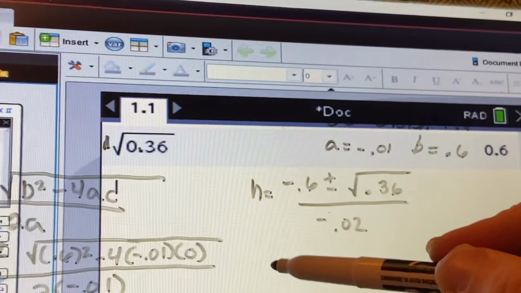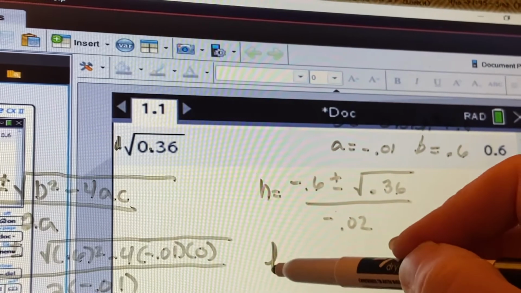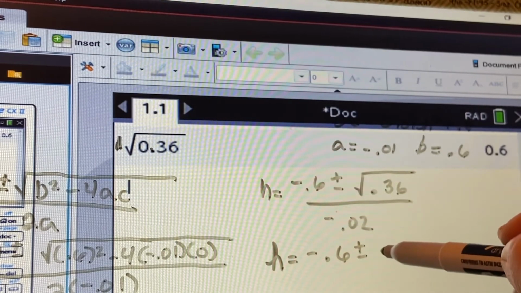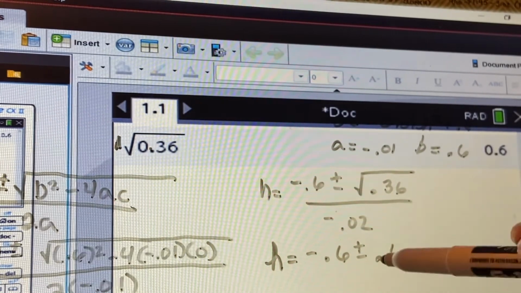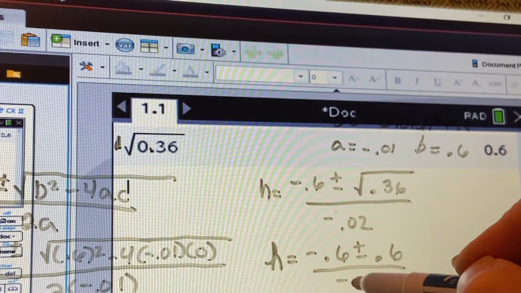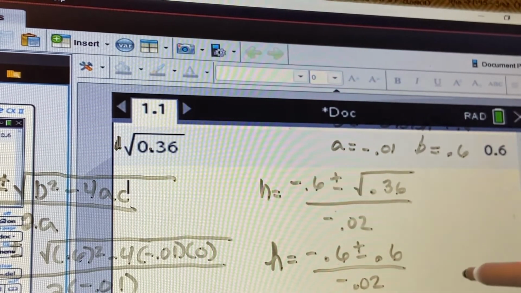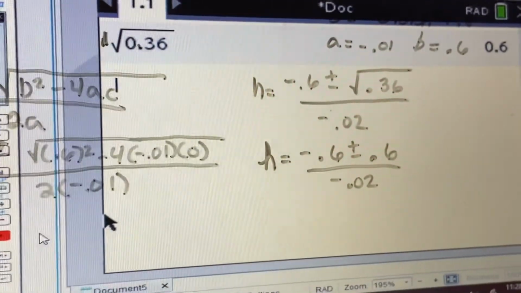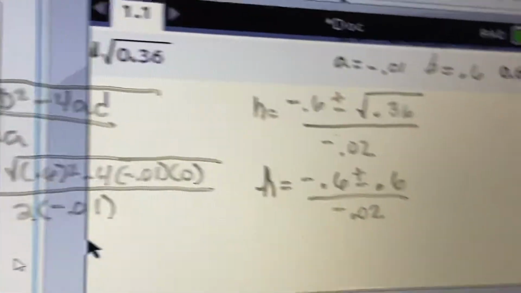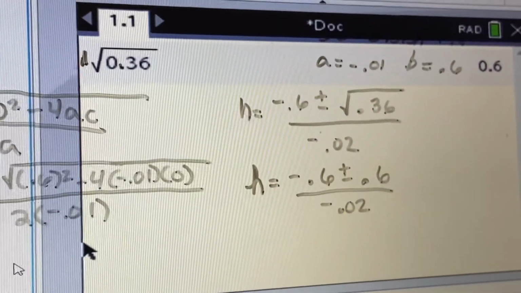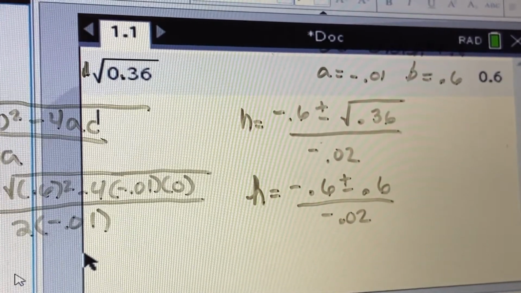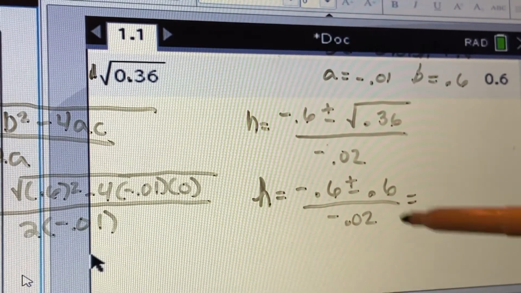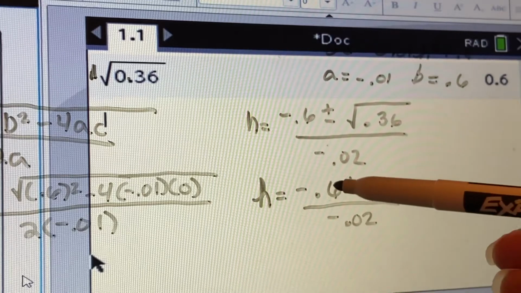So I'm going to say h equals negative 0.6 plus minus 0.6. Remember, once you take the square root, the radical's gone, over negative 0.02. This did not say in simplest radical form. We're looking for a real life situation answer here. Like I said, you don't go to Lowe's and say, oh, I want radical anything. We get decimals or fractions. We don't leave things with radicals.